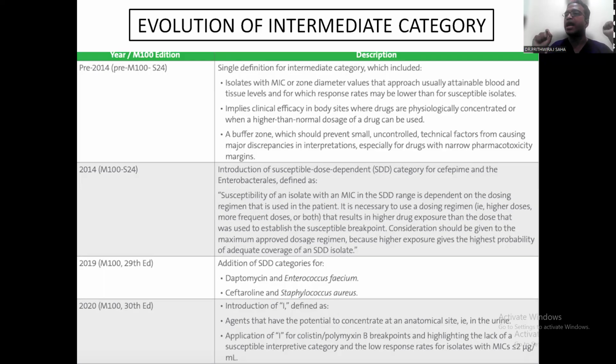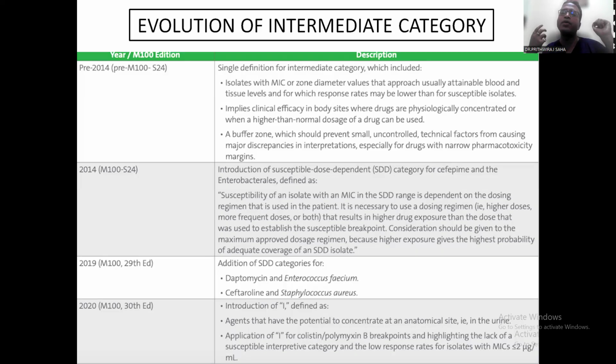Or you can use that drug for a certain anatomical site like urine or CSF where the drug gets concentrated. So the drug may not achieve the concentration in blood, but the drug concentration is achieved in that particular anatomical site.